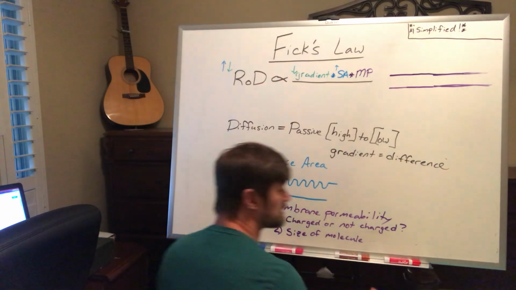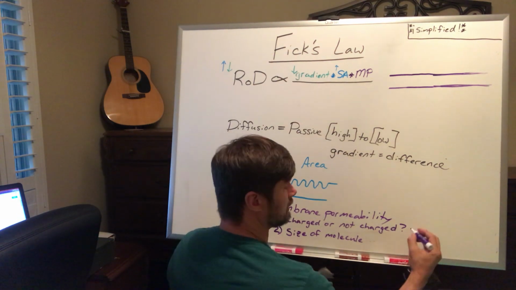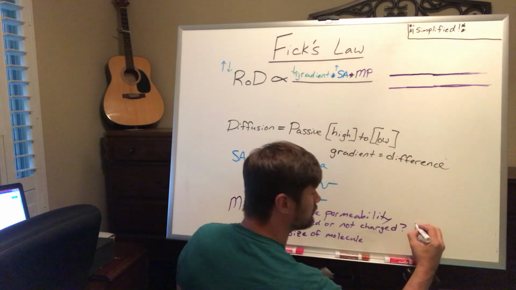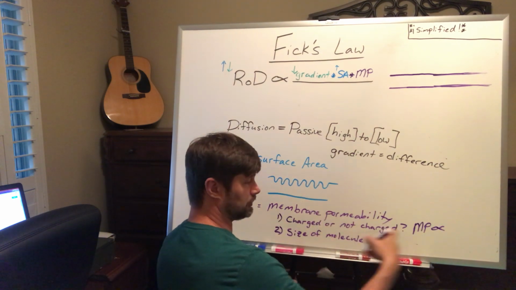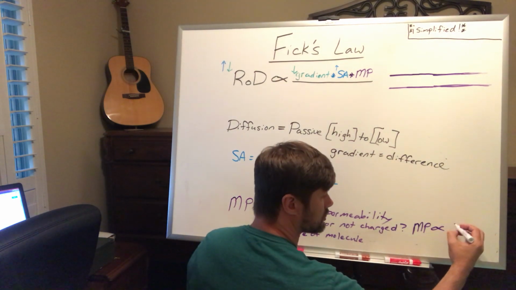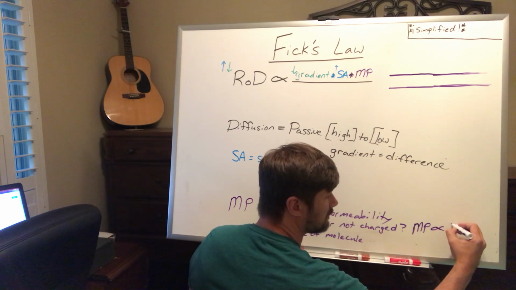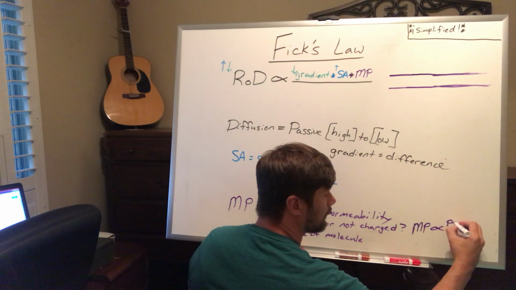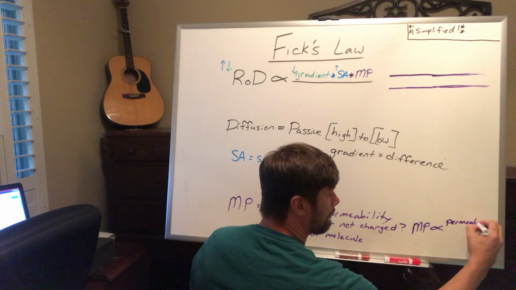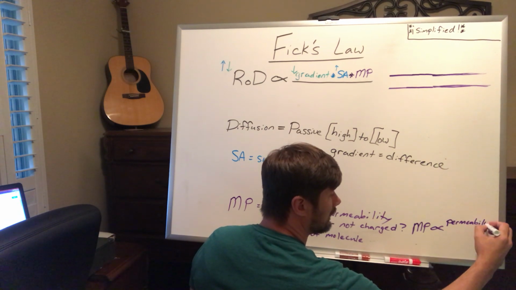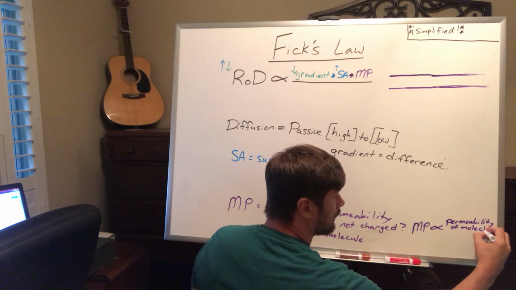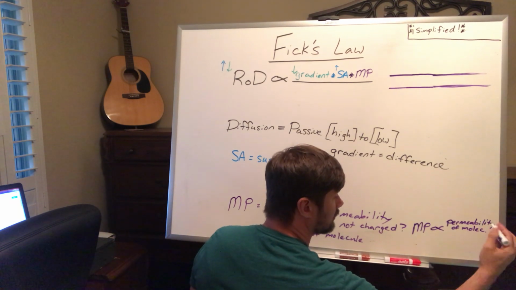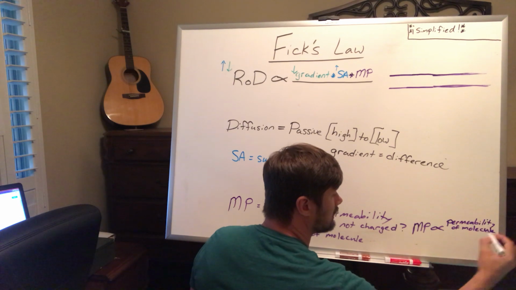So hopefully you guys can see that we actually have an equation that we can use here if you want to. Membrane permeability is proportional to that chemistry, so the permeability of the molecule, and as that permeability goes up, then it's going to go through the membrane easier.